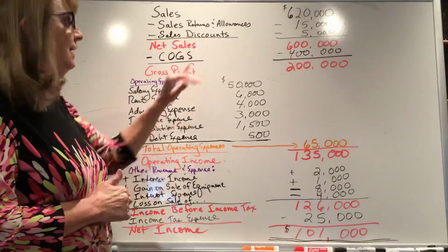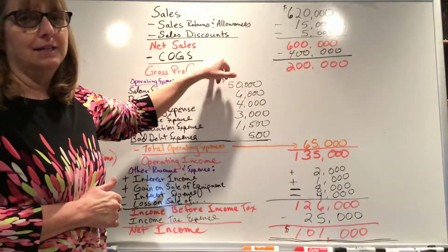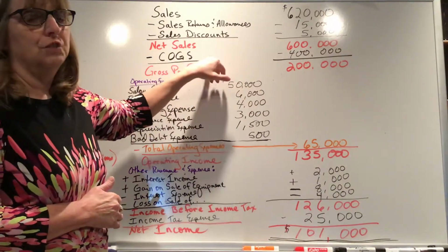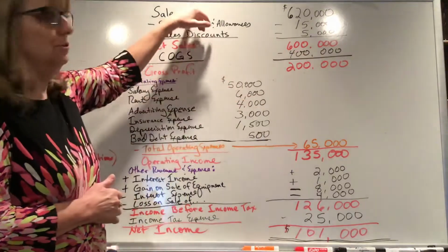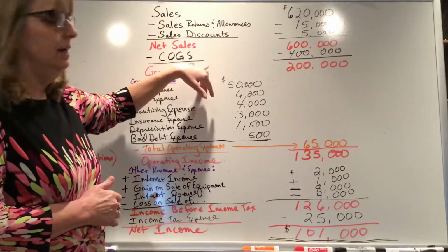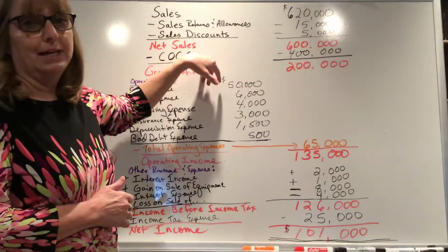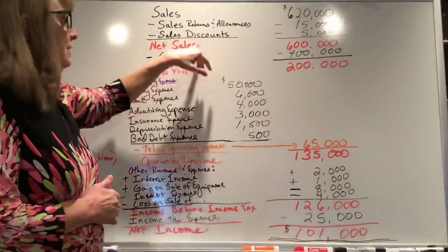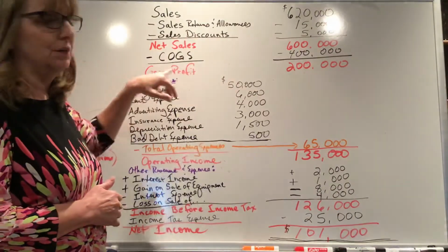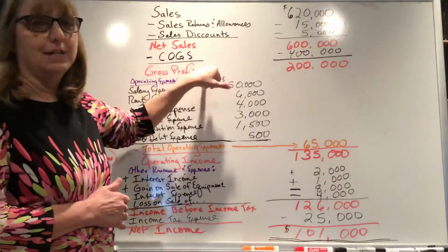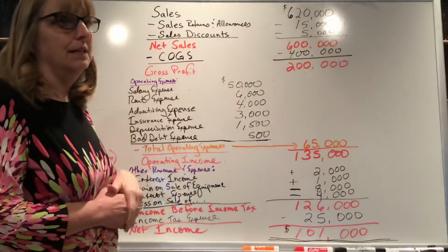And then the next expense that's going to be subtracted here is cost of goods sold. Remember, this is what we paid Nike for the shoes that we sold. This is the sales price in the store, and this is what we paid Nike to get the shoes. So net sales minus cost of goods sold is gross profit. This is a key number for a merchandising company, okay?